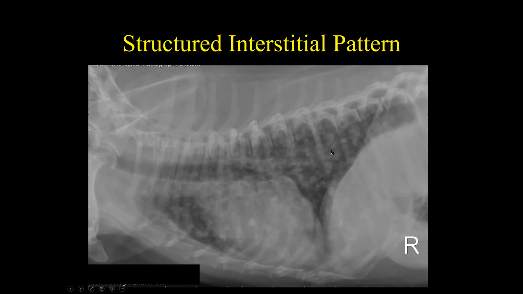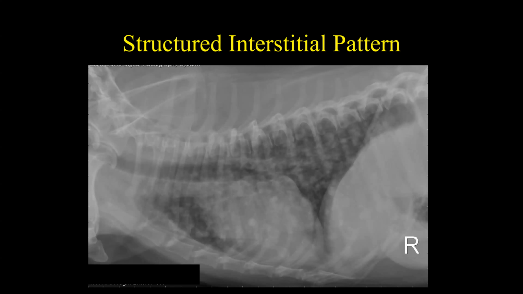So again, now this is another dog. He's got multiple structured interstitial patterns, so he's got multiple nodules all over the lung. They're variously sized. There's some superimposed over the liver. Here's some here, here's some here. They're all soft tissue opaque. This time, I think they're a little poorly defined compared to the last ones. The edges of them are not quite as well defined. That one's still pretty well defined, but some of them aren't. And again, are they all the same size, or variously sized?